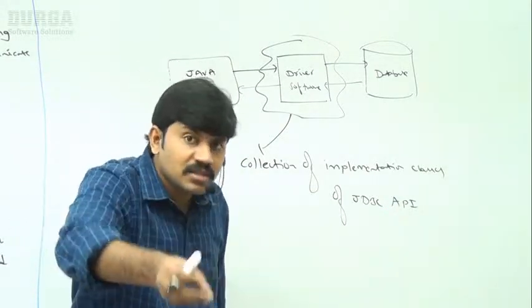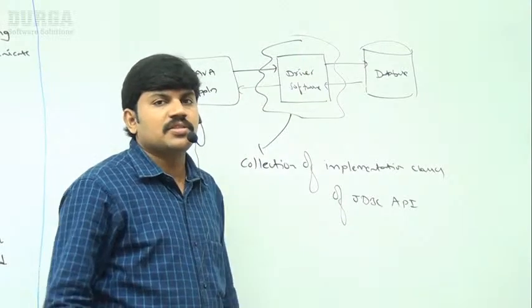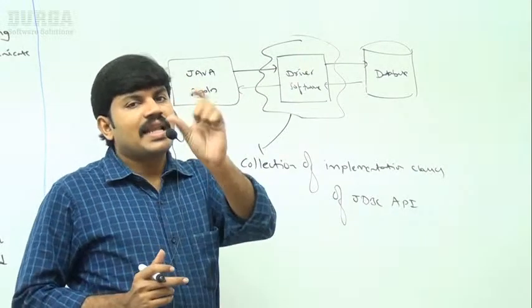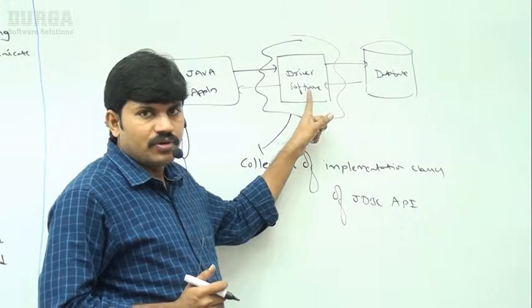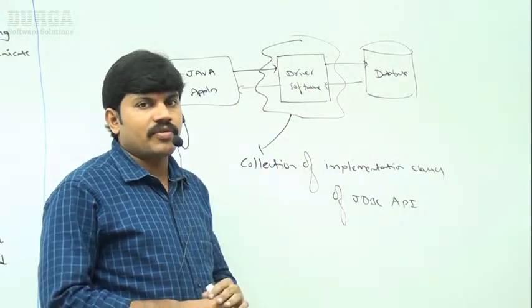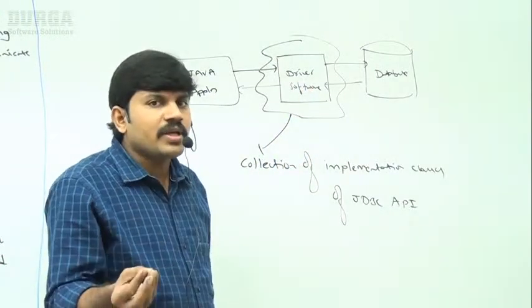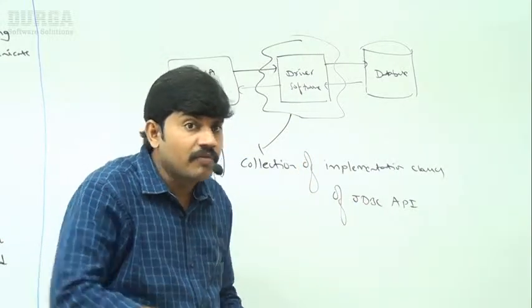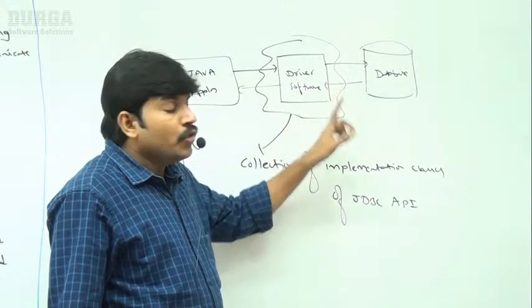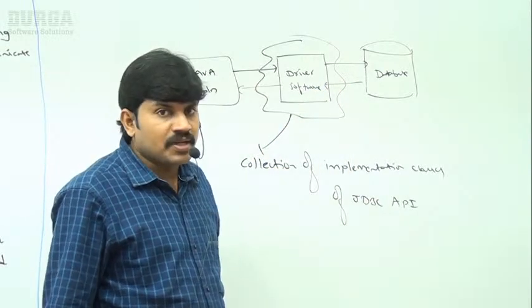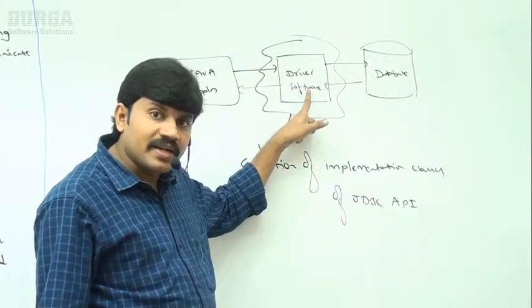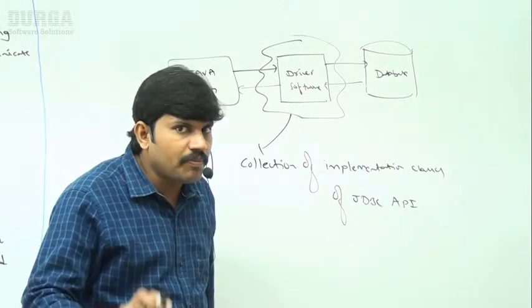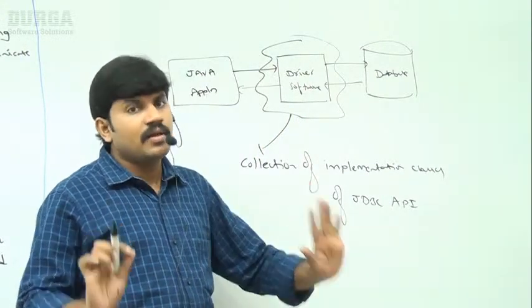So a collection of implementation classes of those interfaces is nothing but driver software. Don't think too much. What is driver software? It means a group of classes, the classes which implement various interfaces of JDBC API. Who is responsible for providing implementation classes? The driver software vendor. Most of the time, the database vendor is responsible, right?